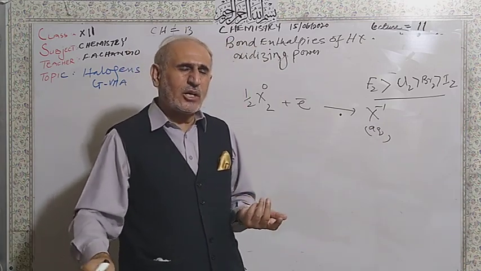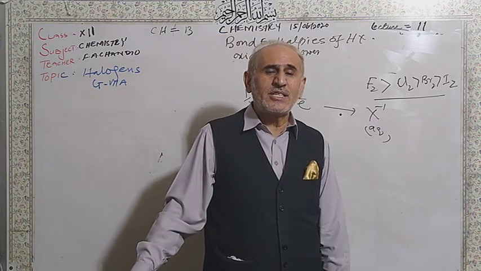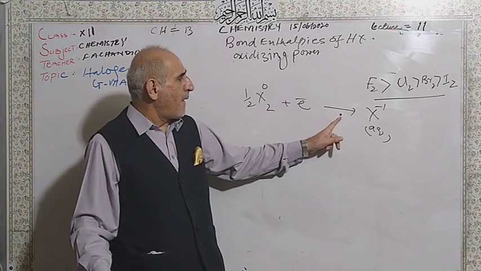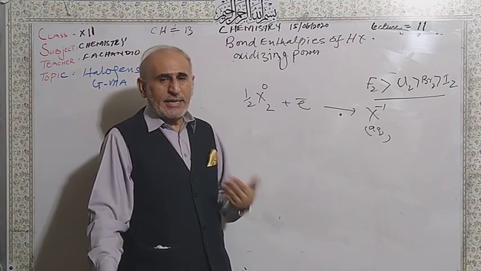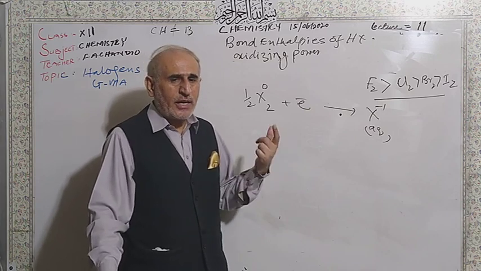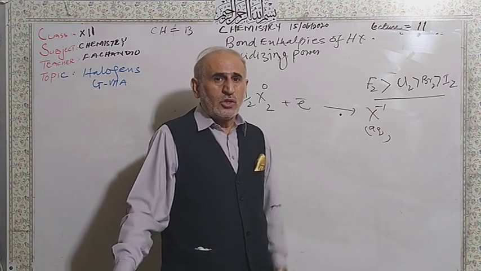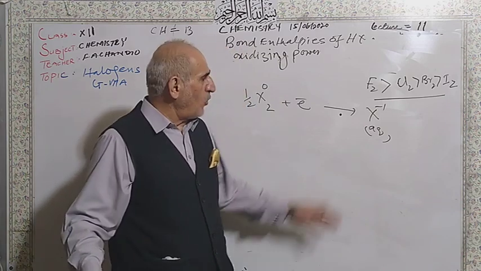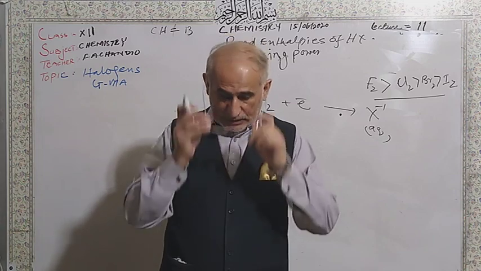In this case, I told you about electron affinity: the amount of energy released when, by addition of one electron, a halogen becomes monovalent negative. This is called electron affinity.